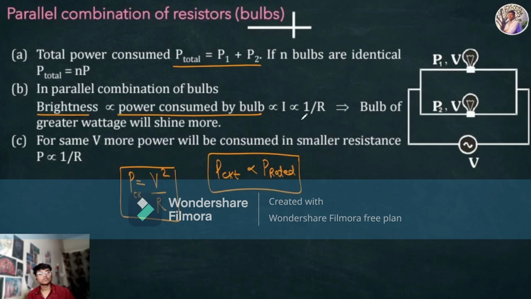And in the parallel combination, P will be equal to P1 plus P2. The brightness is directly proportional to power, and power is directly proportional to 1 by R.